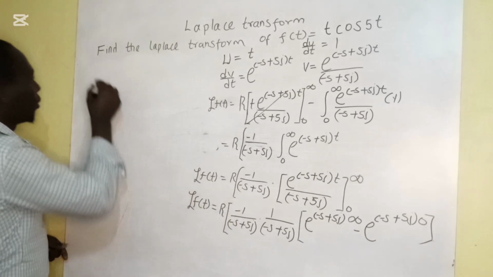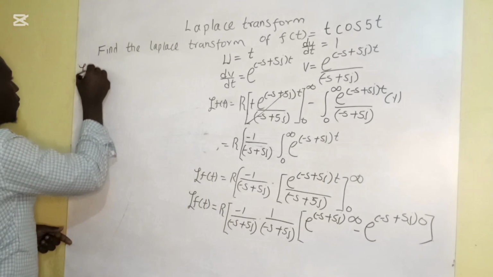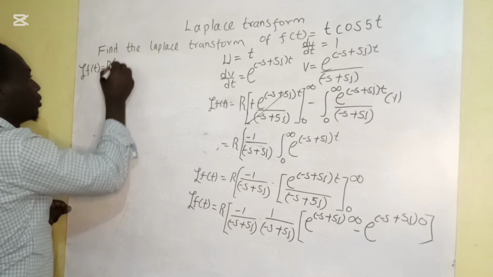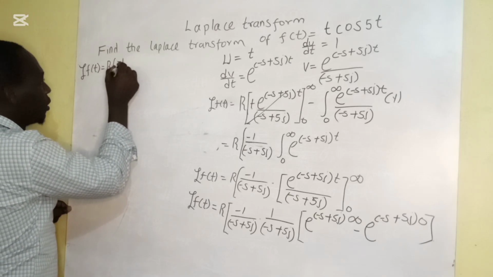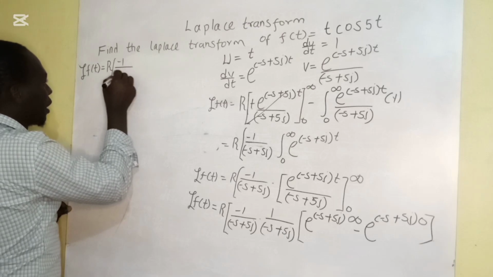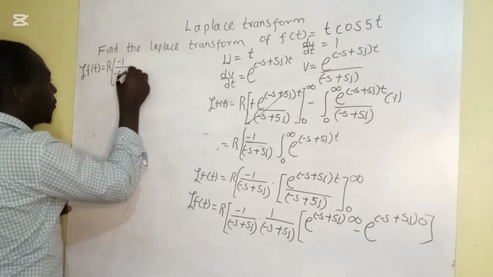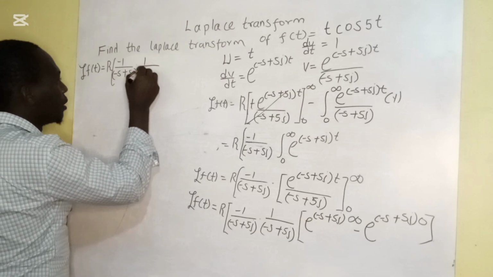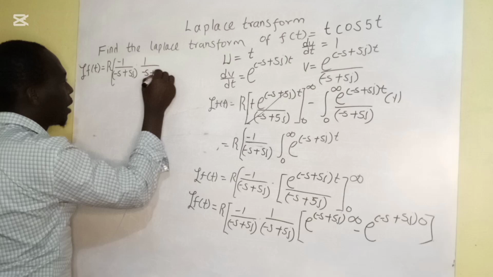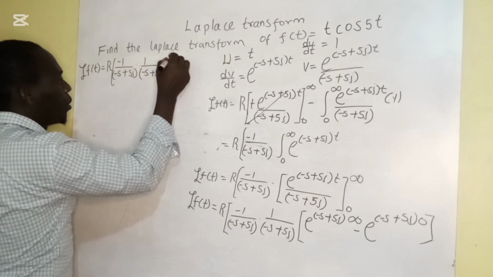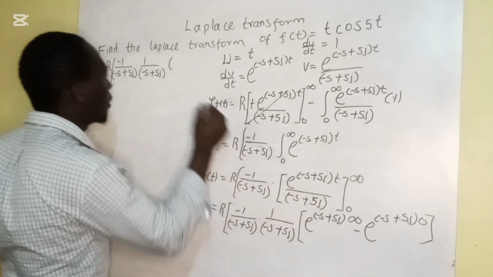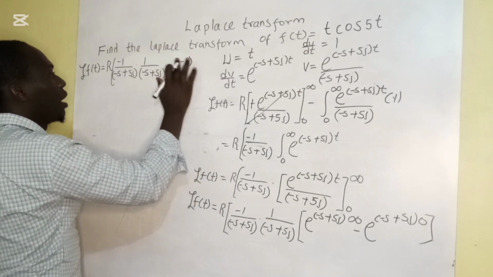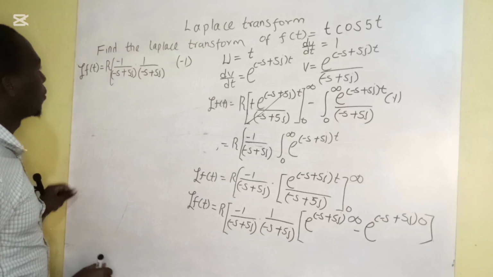From this point now, we are going to have the Laplace transform of our function f of t is going to be equals to r into negative 1 all over negative (s + 5j), we come and multiply by 1 all over negative (s + 5j), we come and multiply by, here we said we are going to have 0, we subtract from 1, to mean that here now we are going to have a negative of 1.